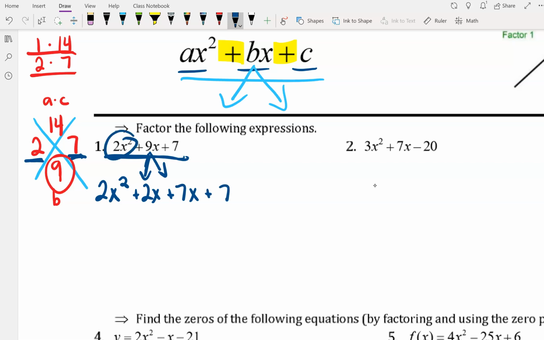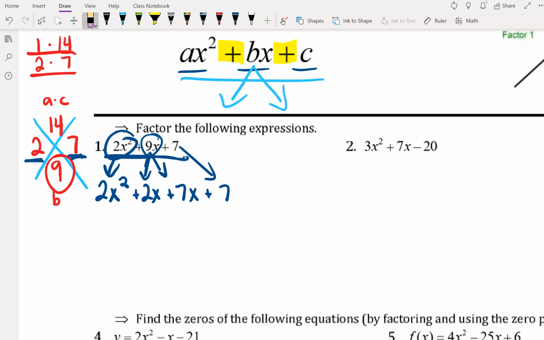So the first term stayed the same, the middle term split, and the last term stayed the same. So all we did was split the middle term. If you were to combine these two terms again, you would get back to 9x. So we didn't really change anything, we just split it into 4 terms. The whole point of splitting it into 4 terms was so that we could do factor by grouping.